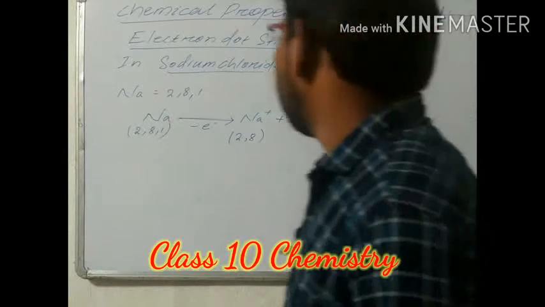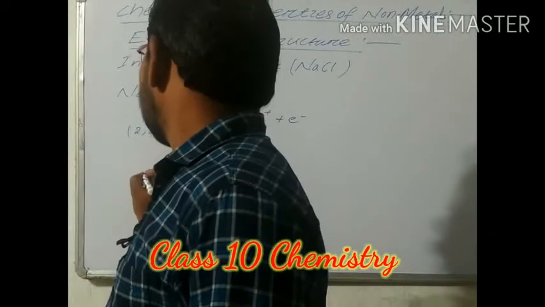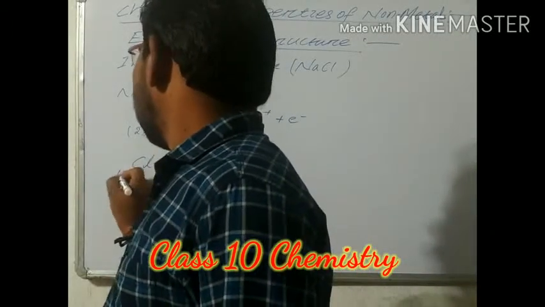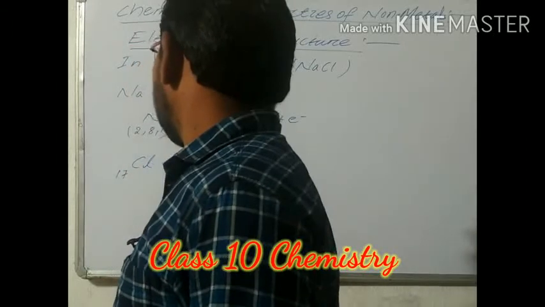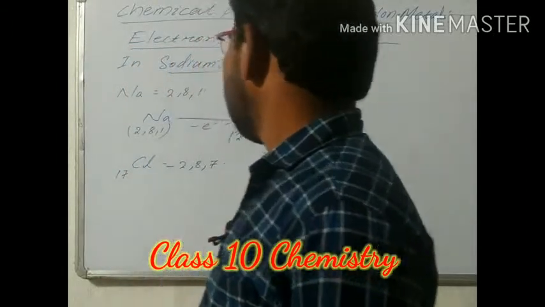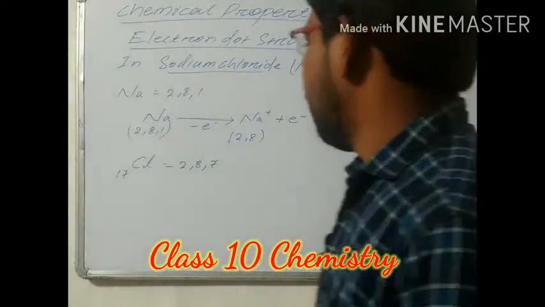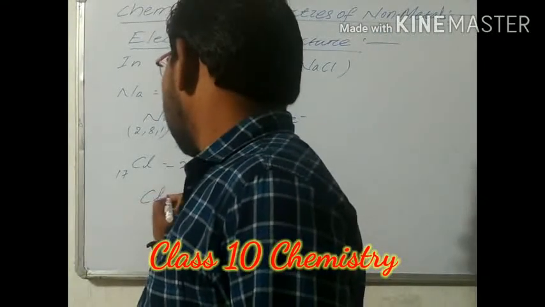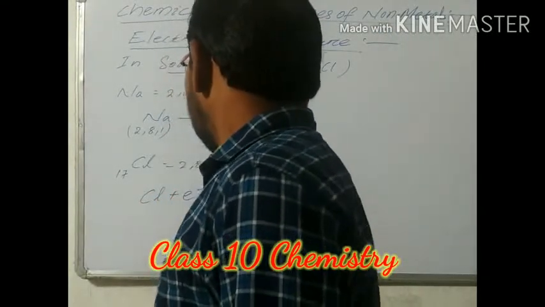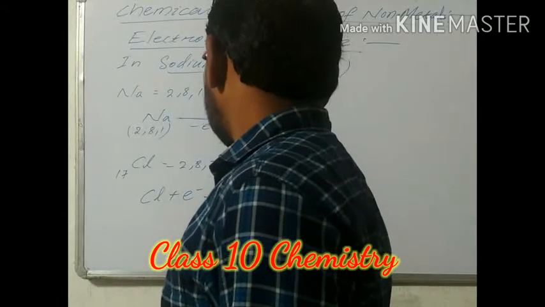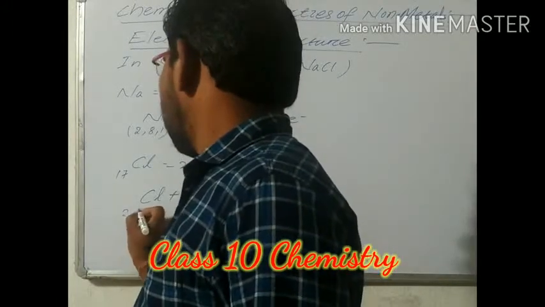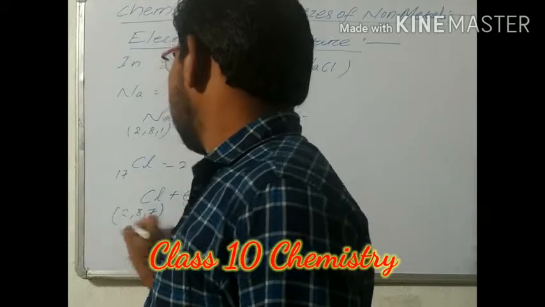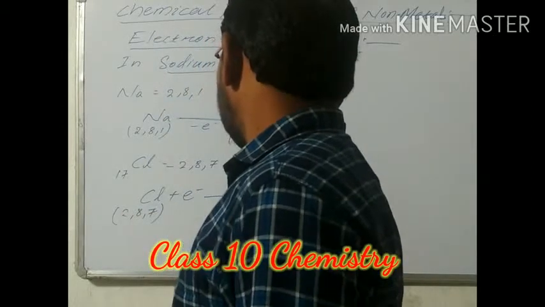Similarly, in case of chlorine, they have 17 electrons, that is 2, 8, 7. They gain 1 electron, and by gaining 1 electron they form Cl minus. It is 2, 8, 7 and this one 2, 8, 8.